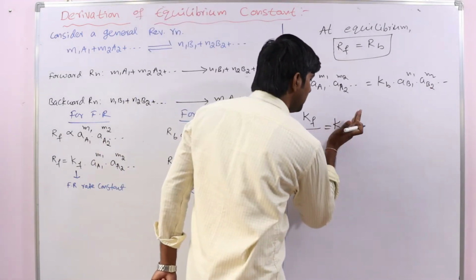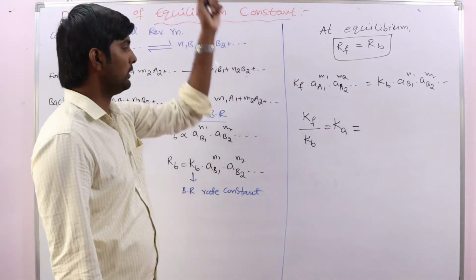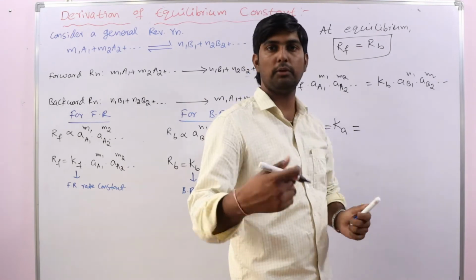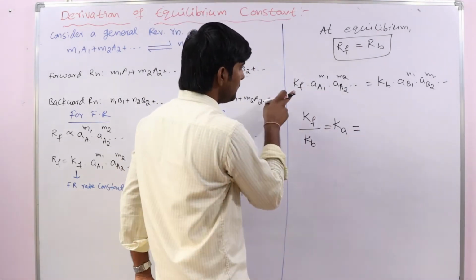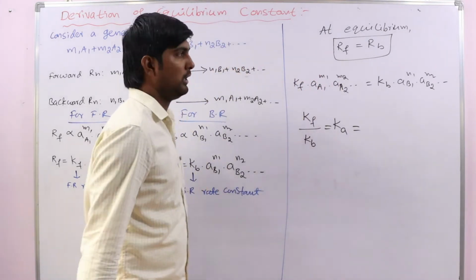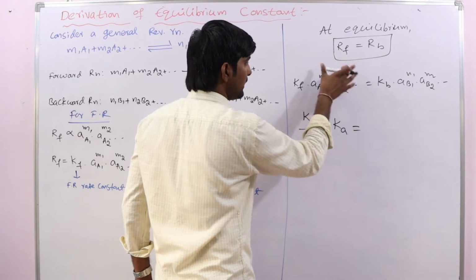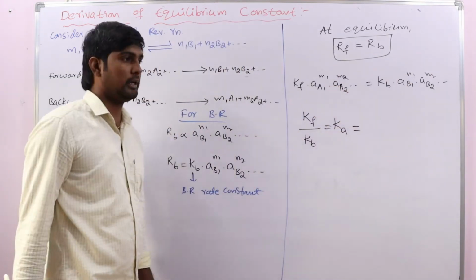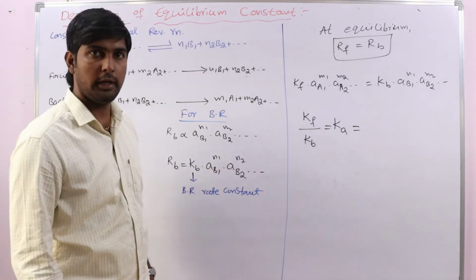Simply, the equilibrium constant is denoted by K, and in different terms, in terms of active mass or molar concentration, we can express it; that we discuss now. So we are rearranging this equation: Kb to the left side and this entire term to the right side. Kf by Kb is nothing but a new constant, Ka.